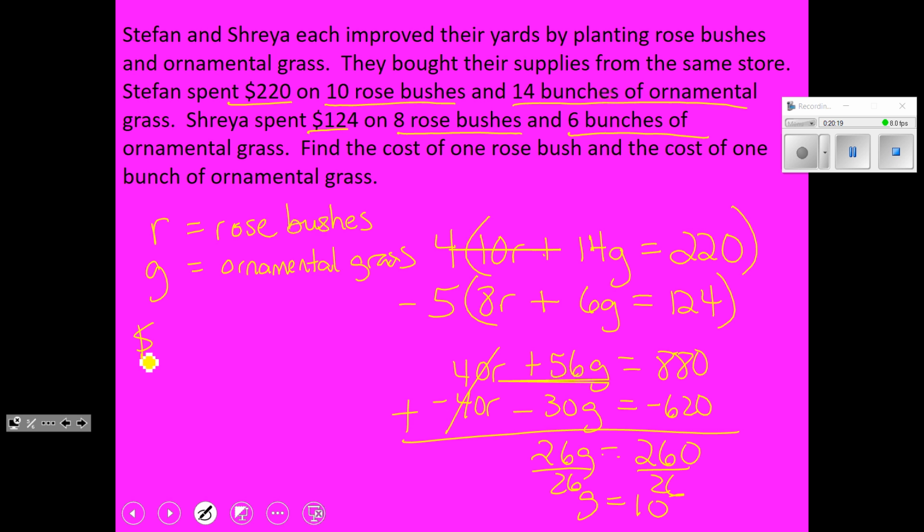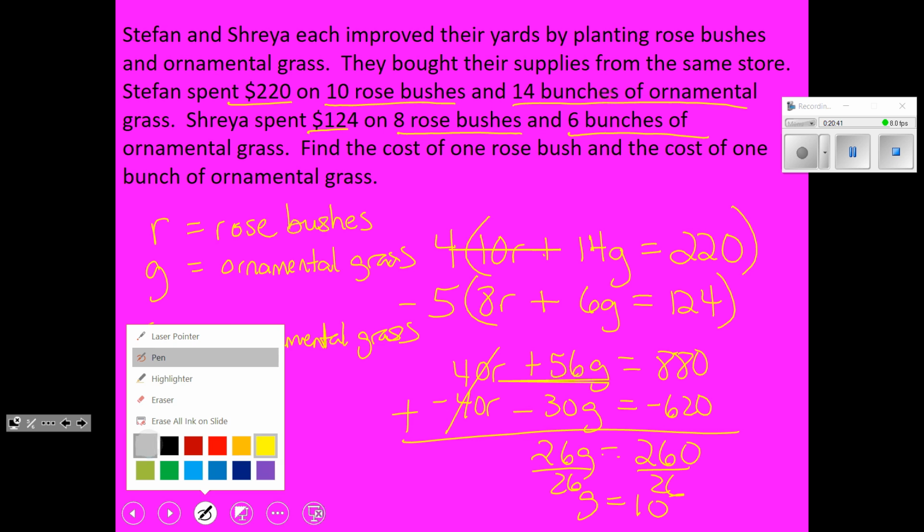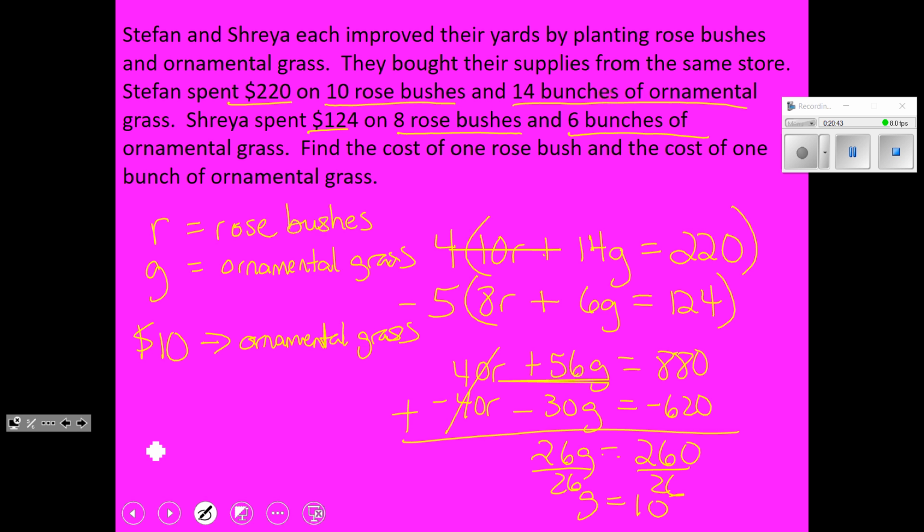So again, if you don't put a dollar sign on there, then I will take off points because I want you to make sure that you make it logical, make sense, apply it to the real world. Okay? To figure out the rose bush, I'm going to put it in a different color. We're going to plug back in. So 10R plus 14 times 10 equals 220.